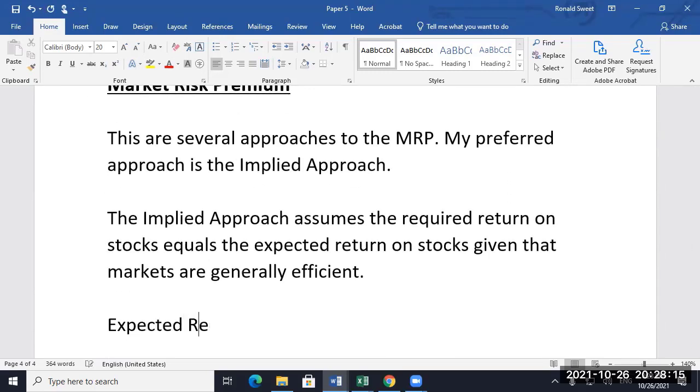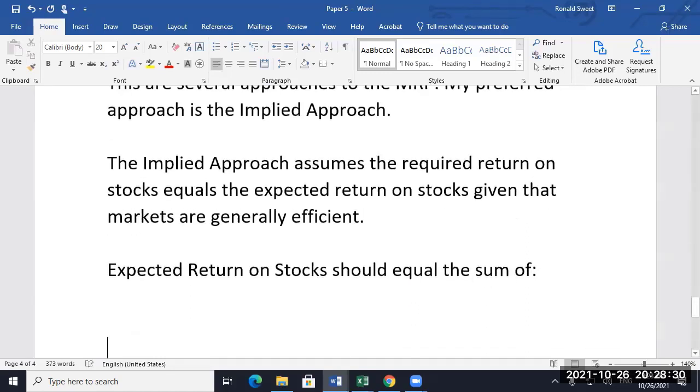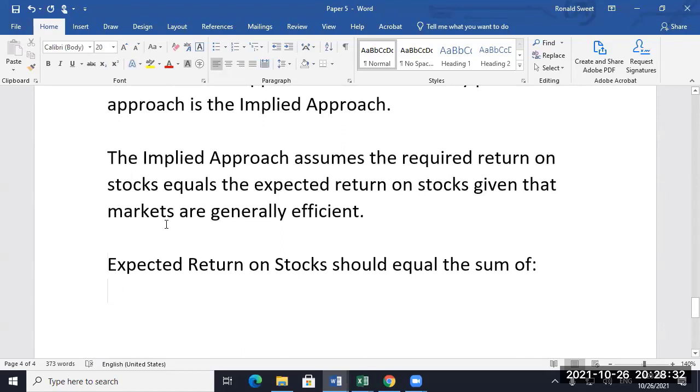Expected return on stocks should equal the sum of, and then you're just going to list them and then you can go through each one of them.